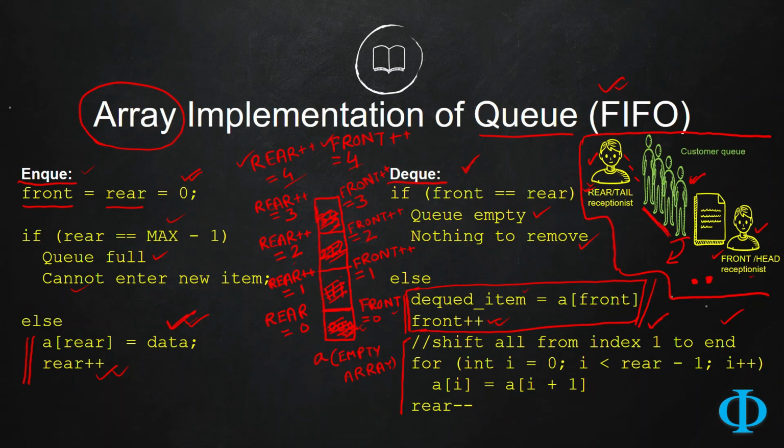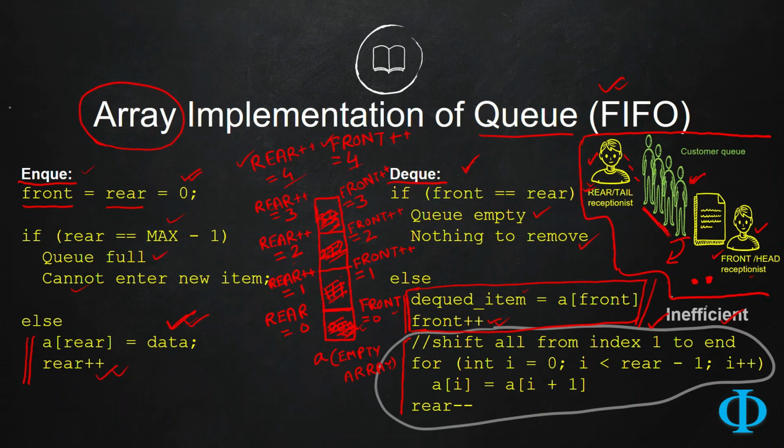So this is basically a point of inefficiency in this array based implementation of the dequeue operation, and this type of inefficiency can be eliminated if we use a linked list based implementation instead of an array. And in the next few videos, we are going to see that.